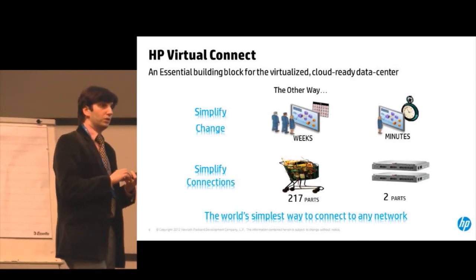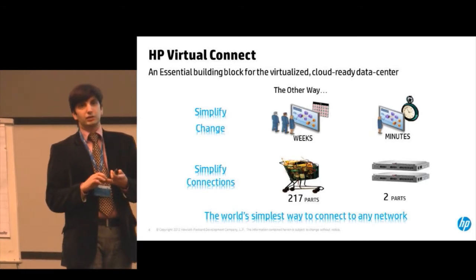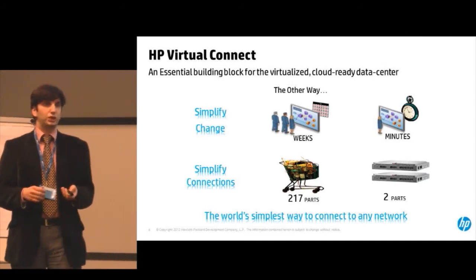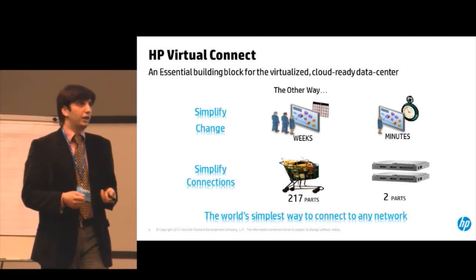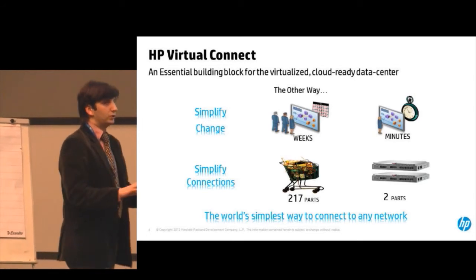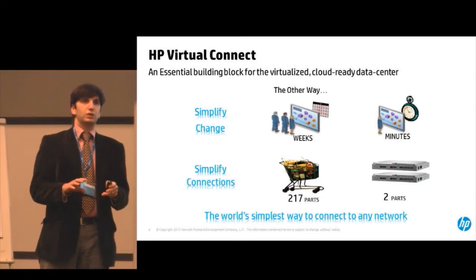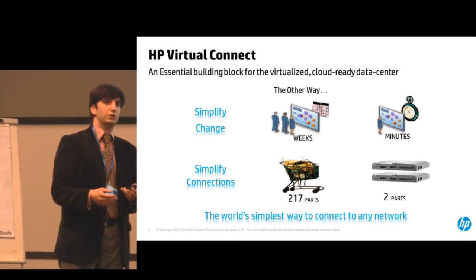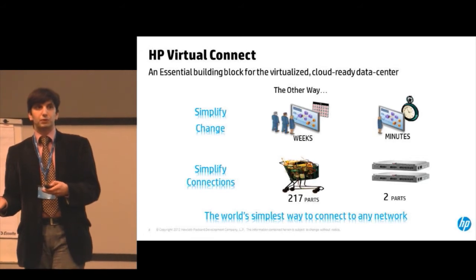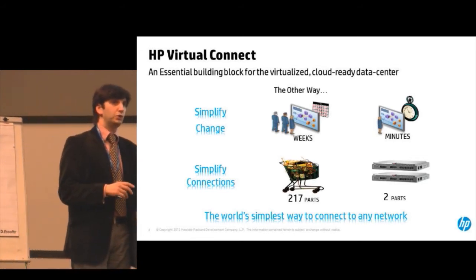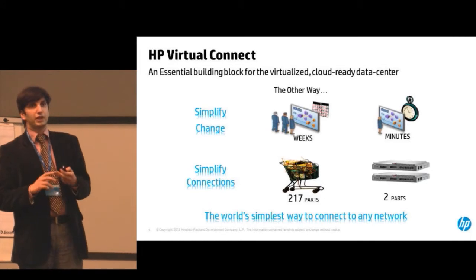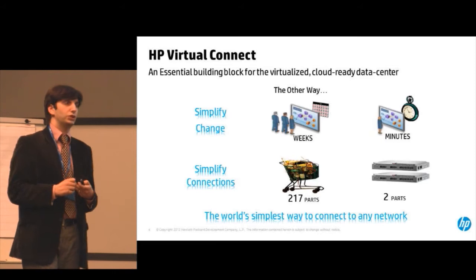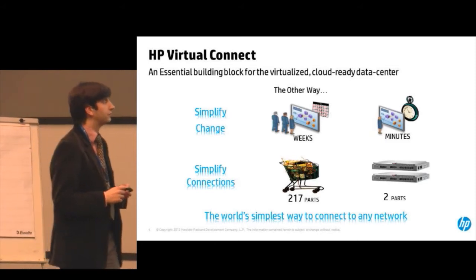Instead of talking to all the different admin groups, talking to the network guy, talking to the storage guy, asking them to make particular changes and do the recabling physically, we make Virtual Connect automate all of this, so that all the standard changes to your server infrastructure, like adding new servers, moving workloads from one server to another, and replacing a failed server, can be done without touching any physical hardware and without making any configuration changes in the networking configs.